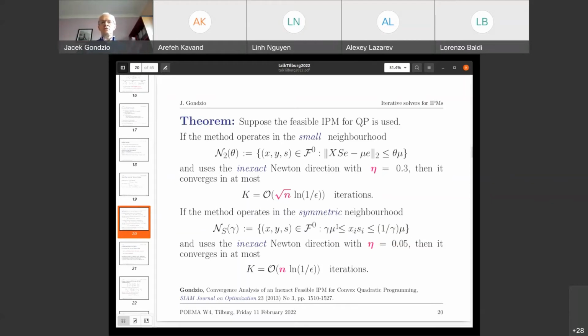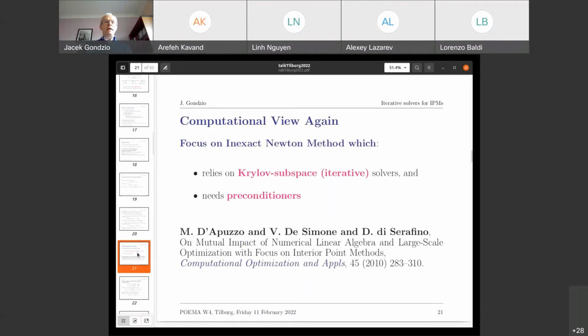You see the symmetry, gamma times smaller or 1 over gamma times larger. For such a neighborhood, we can accept up to 5% error in the inexact Newton direction, and this does not affect the complexity result. The details of it are in the paper if you are interested.